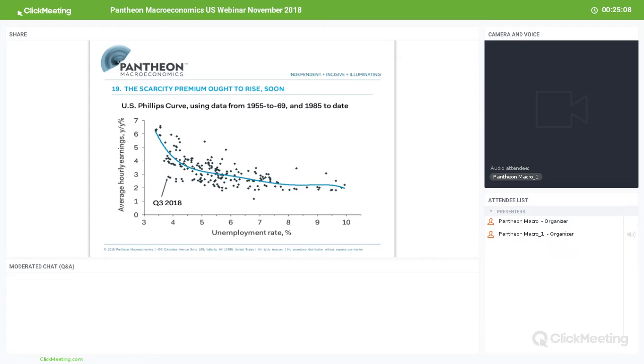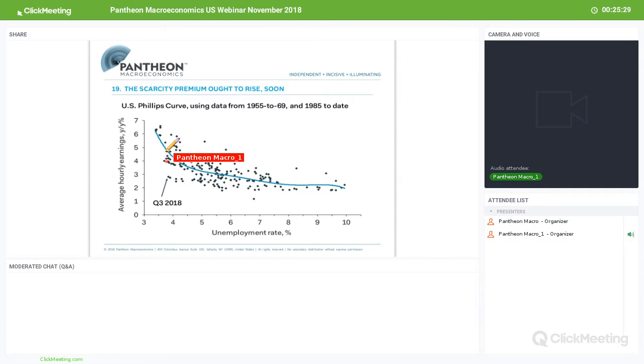You can see third quarter 18, the current quarter, is below the curve, partly because, of course, productivity growth has been weaker. But if productivity growth was normal, about 2% rather than 1%, we would be about here now. So we'd still be below the curve.